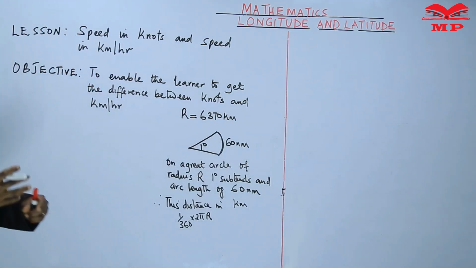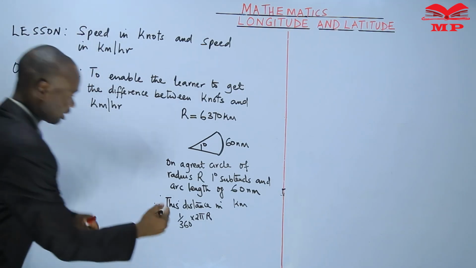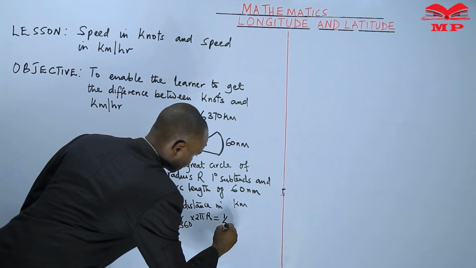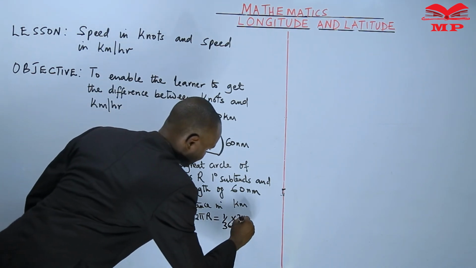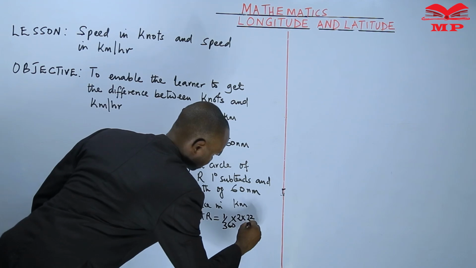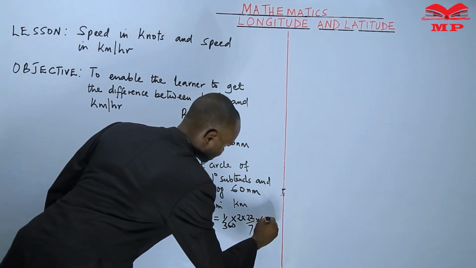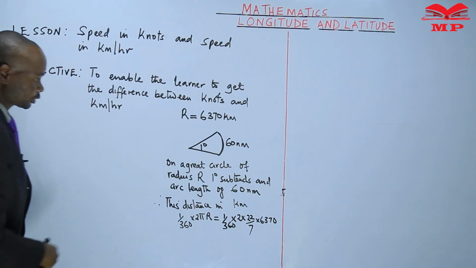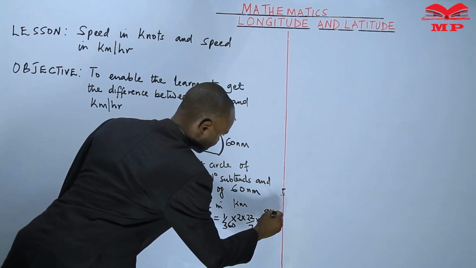You'll take the radius of any great circle on Earth to be that. So you'll work out 1 over 360 times 2, taking pi to be 22 over 7, times 6370.